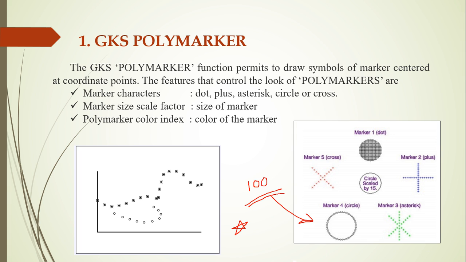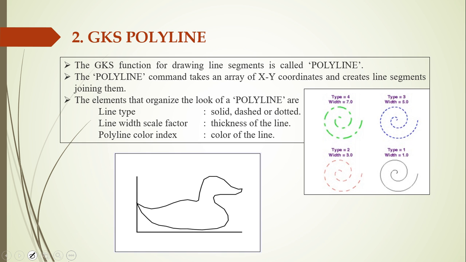The next one is GKS polyline. Do you know what is meant by polyline? It's utilized for drawing continuous line segments. This type of image could be drawn using polyline, and these are the various types of lines which are available. Polyline is a graphic GKS primitive, and the different types of polyline available within the primitives are: this is a center line, type 1, a dotted line. Here the width is 5, here the width is 7, and a type 2, here the width is 3.